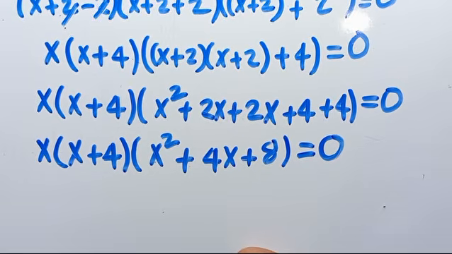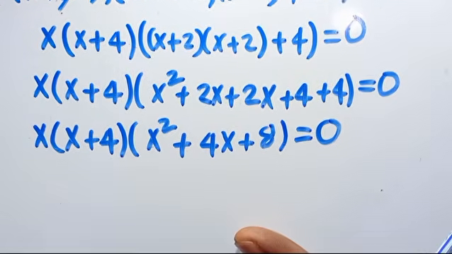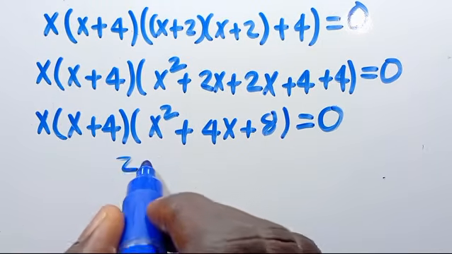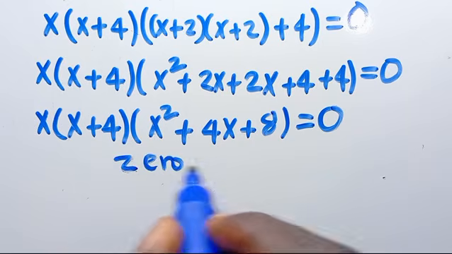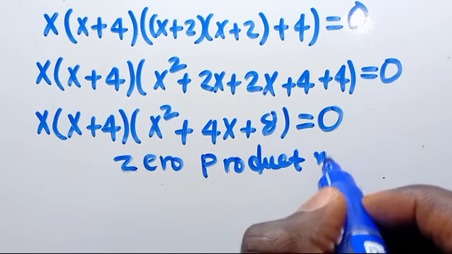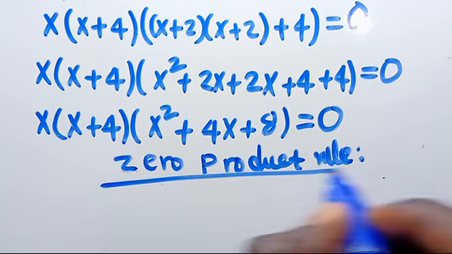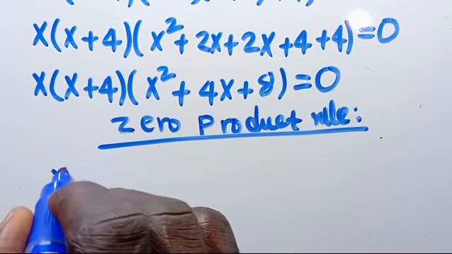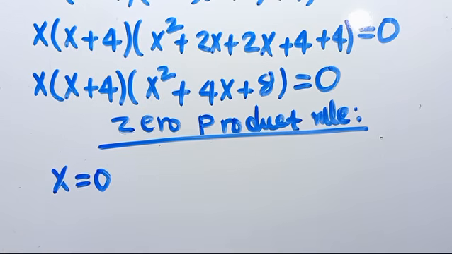Now, from this expression, by the zero product rule, for this expression to be equal to 0, either we have x equals 0.